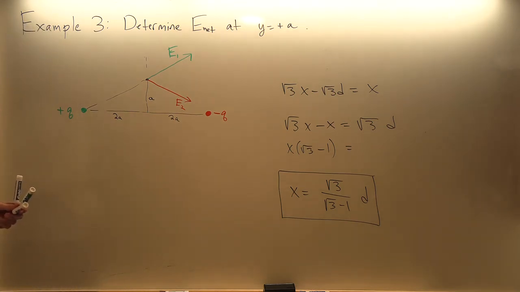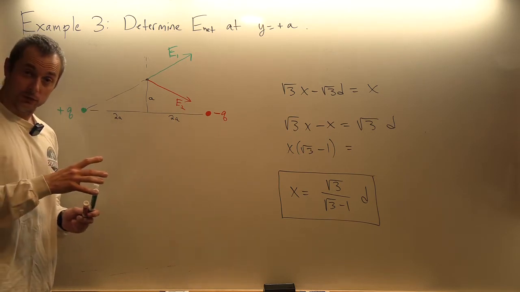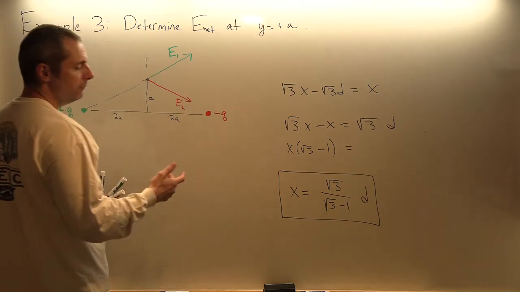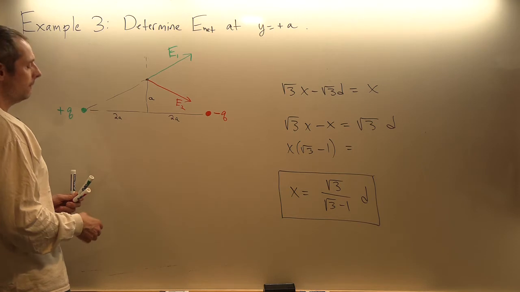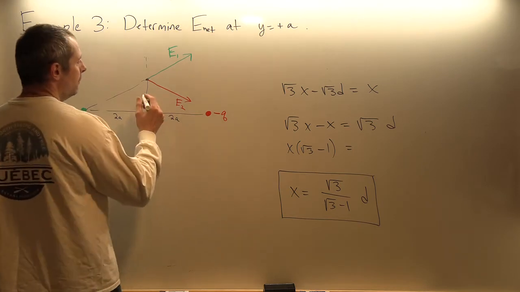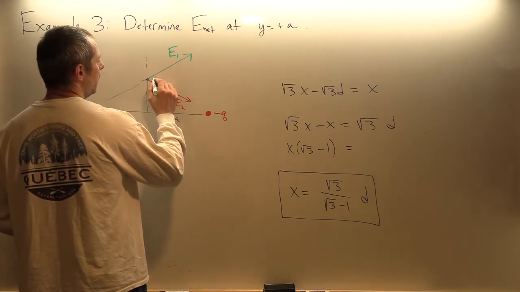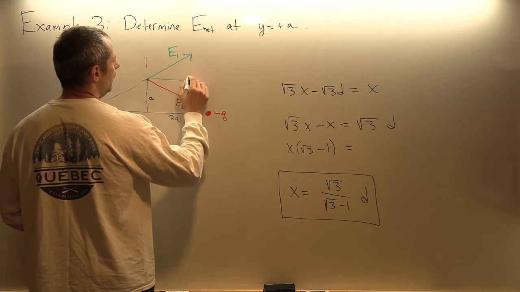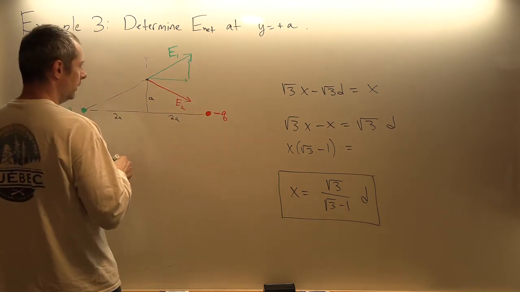And so what we need to do is add those as vectors. We can find the lengths from the formula kq over r squared, but in doing that, I'm going to just think of some components. I'm going to erase these, but I'm just going to sketch them in lightly for a second just to guide our reasoning.